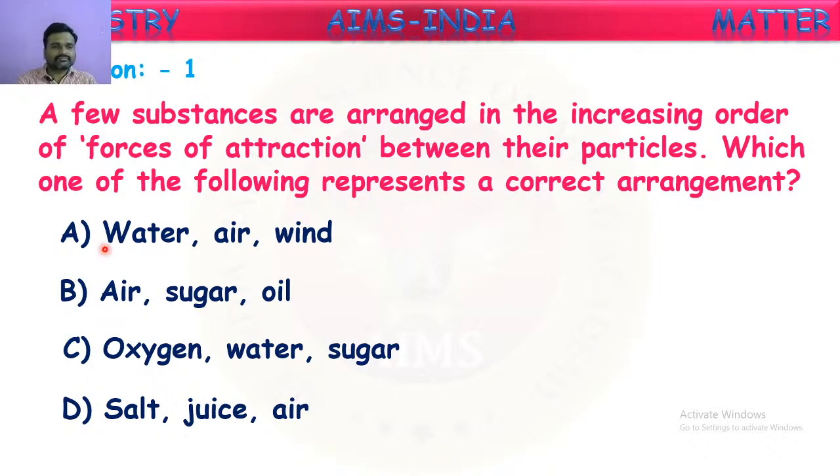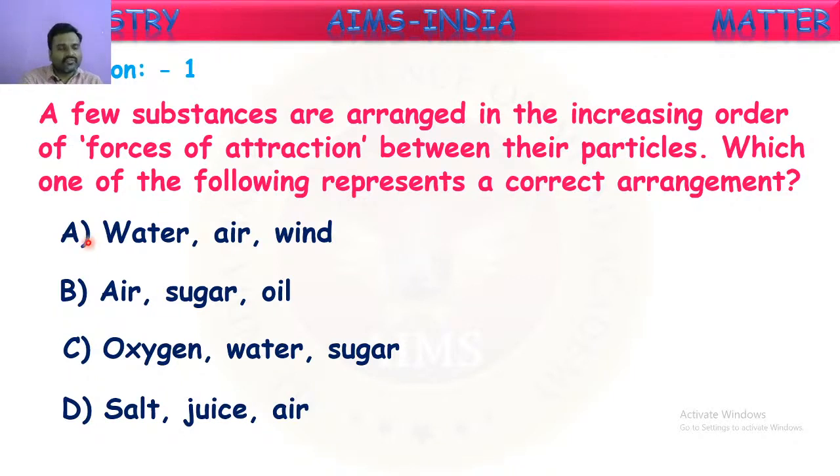If you observe the forces of attraction, while we were discussing the general properties of solids, liquids and gases, we said the attraction existing between the molecules of matter is called forces of attraction. These forces of attraction are very high in solids, very low in gases, and moderate in liquids.